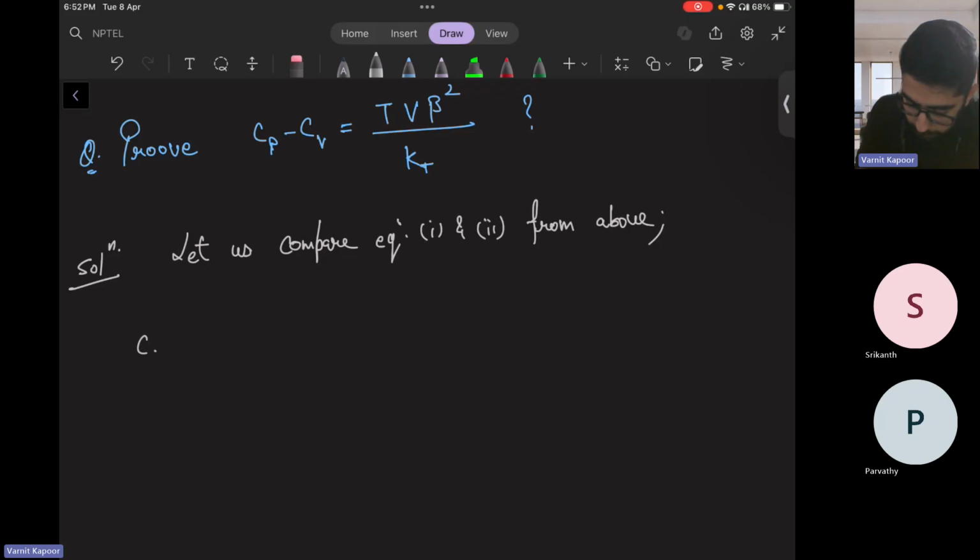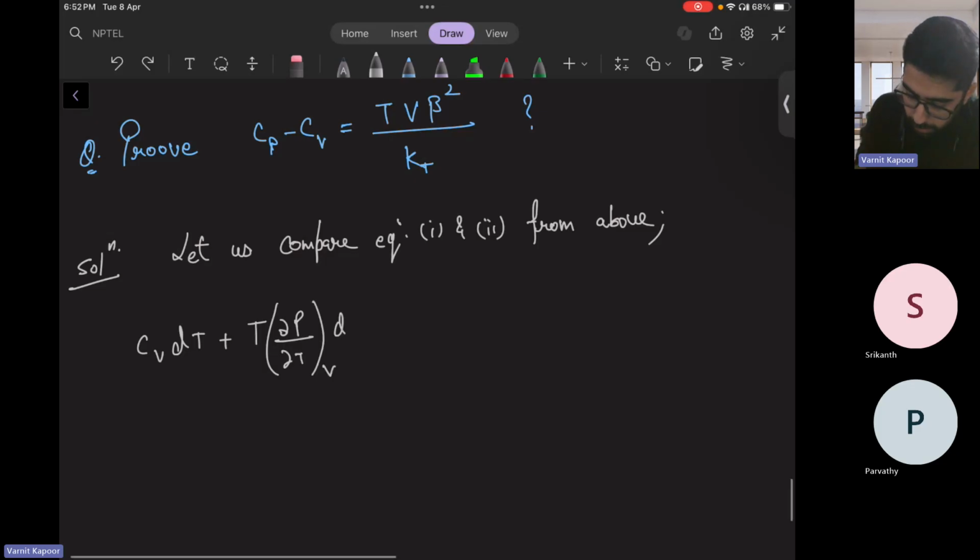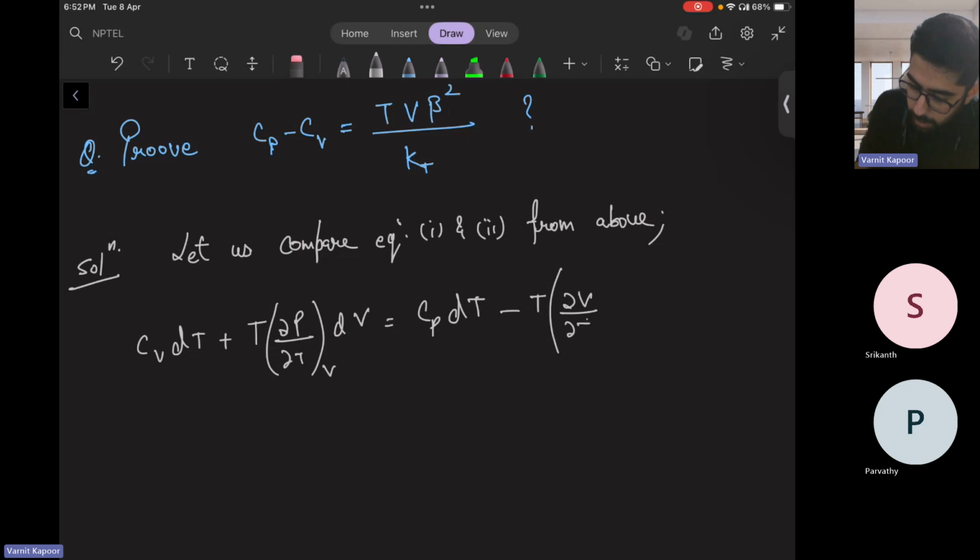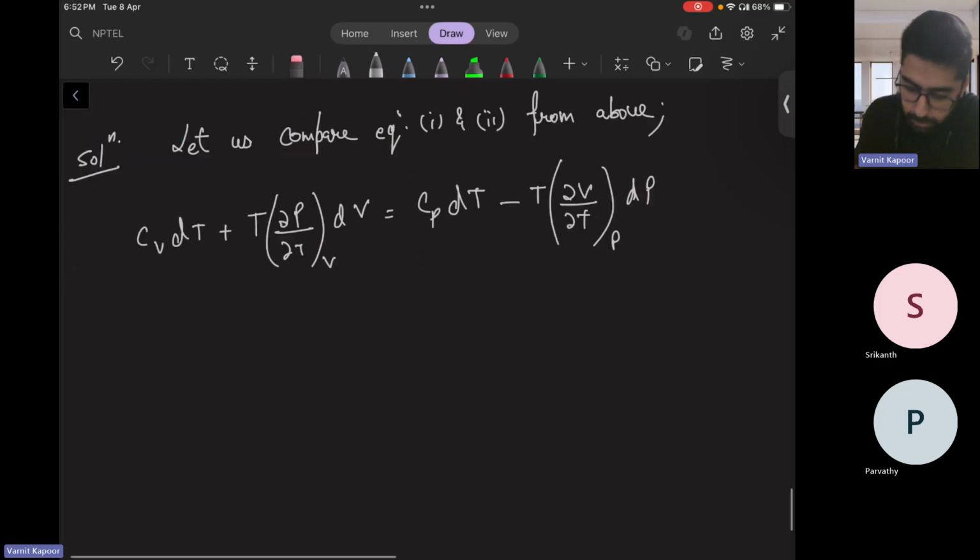So that is Cv dT plus T (dou P by dou T at constant volume) dV is equal to Cp dT minus T (dou V by dou T at constant pressure) dP. Okay, take Cp and Cv together.